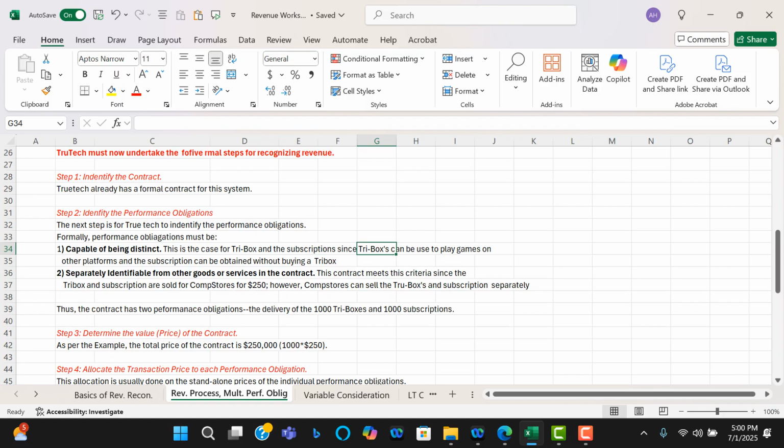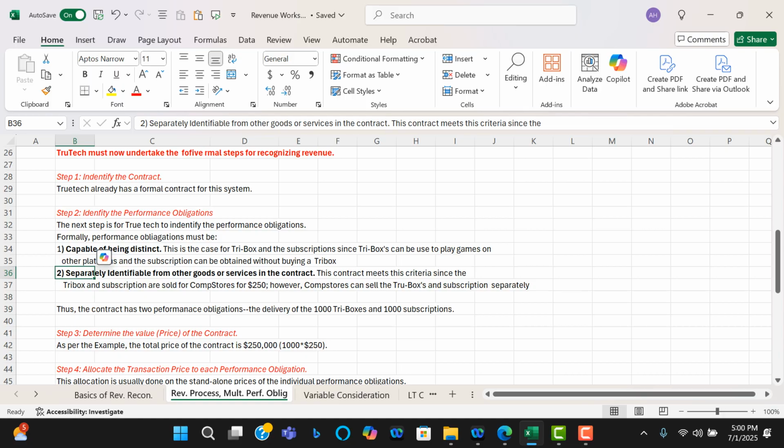Okay, now this is the one where I'm a little bit iffy on the example, but I'm just going to go with it. Okay, in addition to that, within the context of the contract, each one of the services must be separately identifiable from other goods and services in the contract, which means that in the contract, each good must be separate.